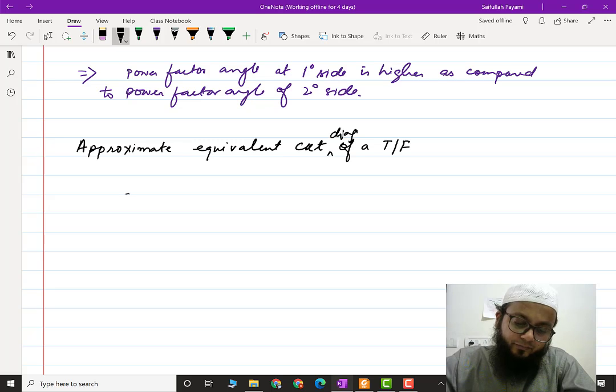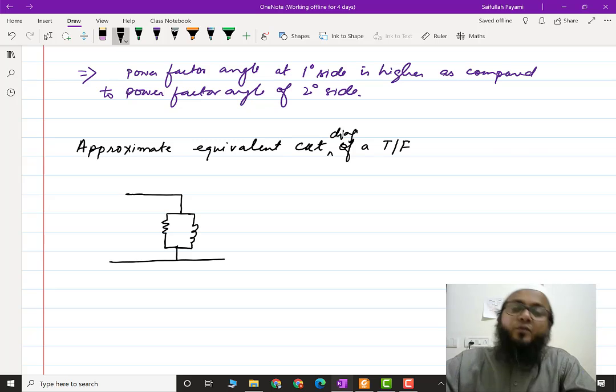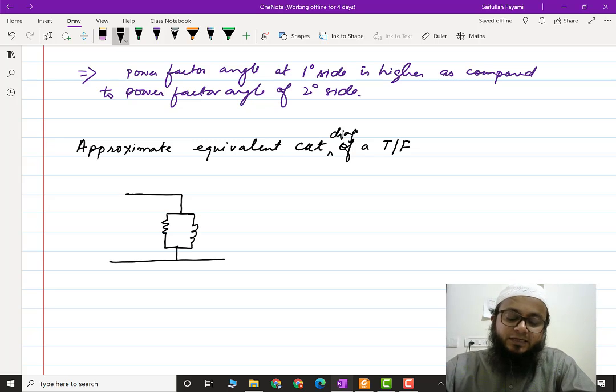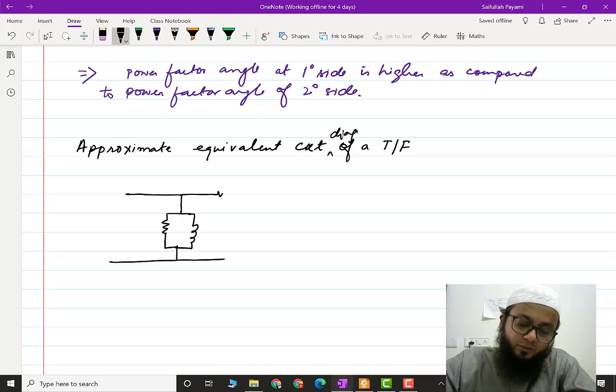There, as per our convenience, because this drop is very less and this no load current is very less, we shift the shunt branch parameters to one side, and we can club the winding resistances and impedances together, where this is R equivalent and J X equivalent, and this is RC and this is JXM.